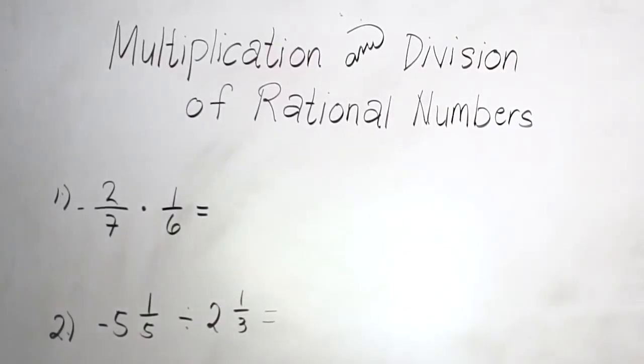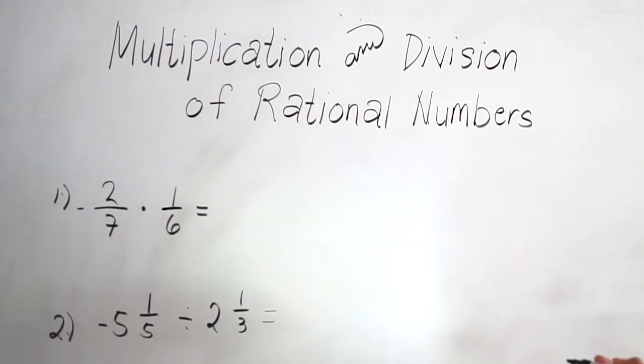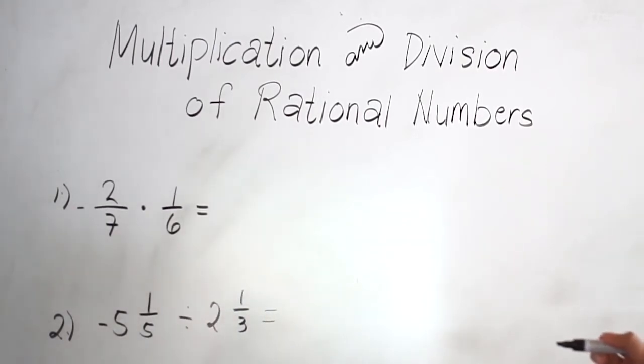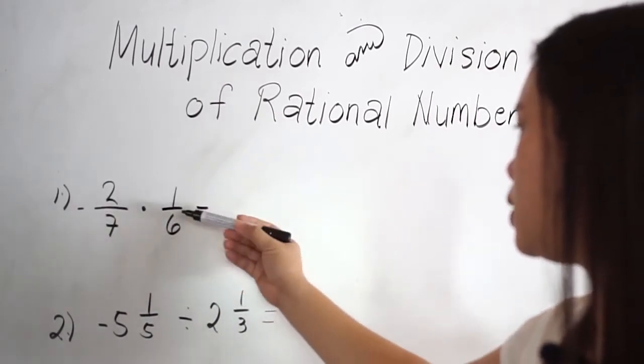Okay, example number 1, negative 2 over 7 times 1 over 6. So, una nating titingnan kung pwede ba nating gamitin yung cancellation method. Since pwedeng gamitin 2 and 6, so we will cancel this.